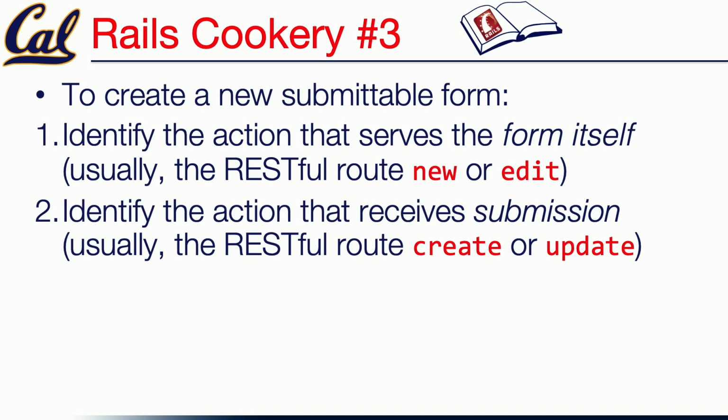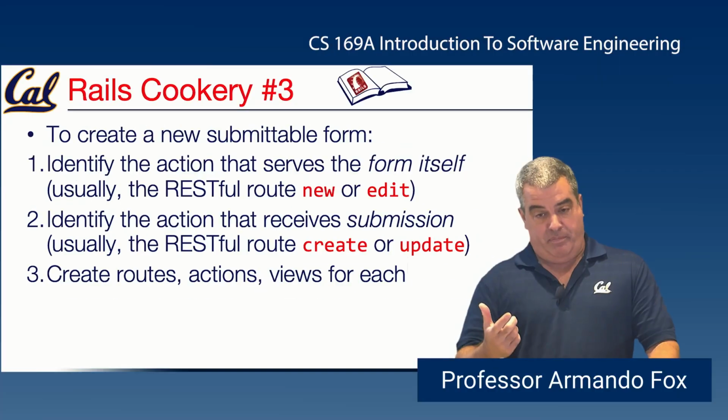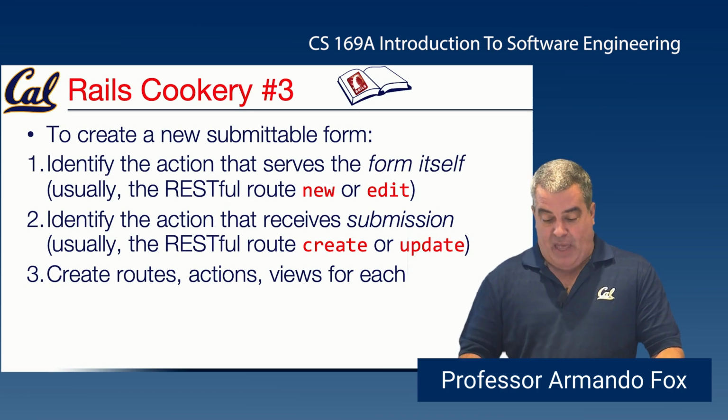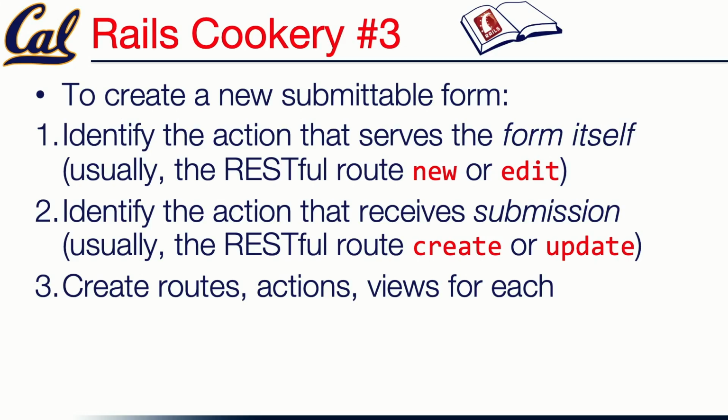We also need an action that is going to receive the form submission. Typically, that'll be create or update. In the example that we're doing now, we're following the action of the create route. And make sure that there is a route for each of those actions, and that there is a view that corresponds to each of those actions that can be rendered.